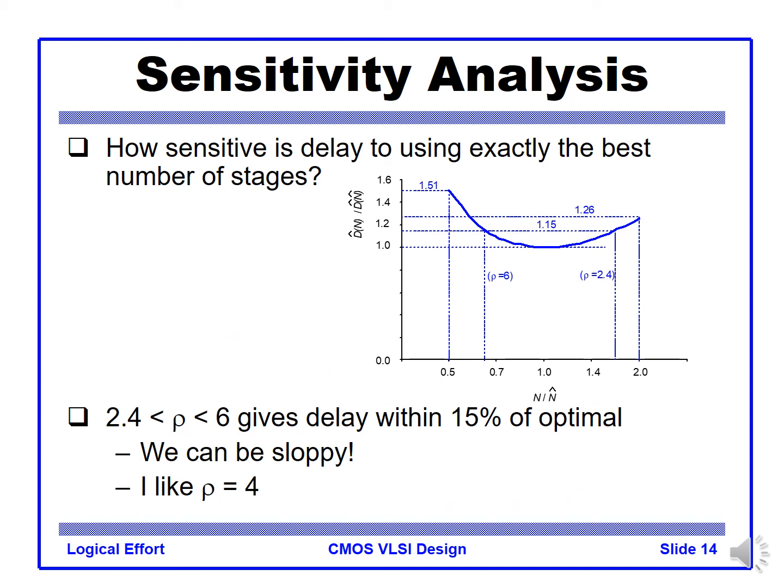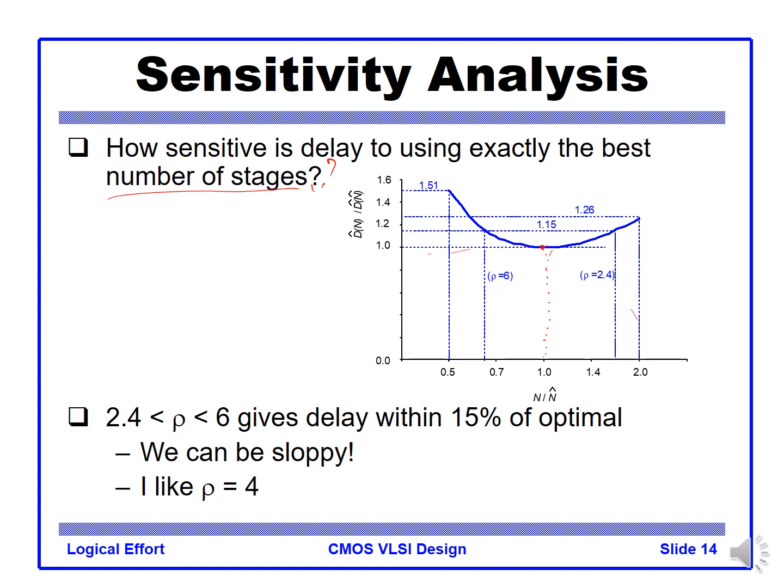So let's review the sensitivity. How sensitive is the delay to using exactly the best number of stages? If we choose the best number of stages, then we will achieve the minimum delay.